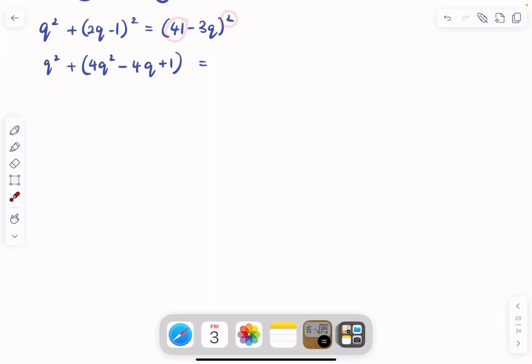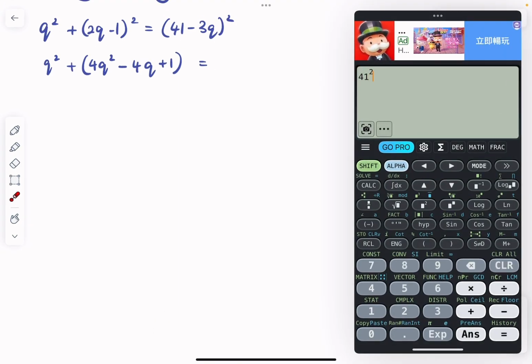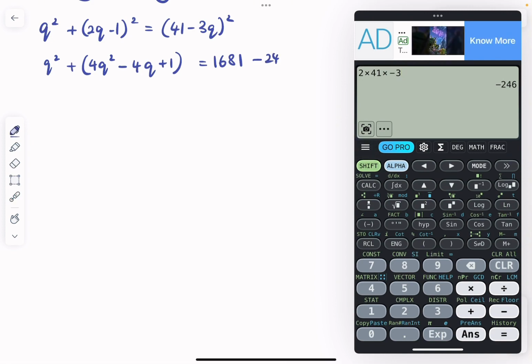Right, this is a big number. 1681. And then 2 times 41 times negative 3, negative 246q. And then negative 3q, we square it, we'll get positive 9q square.